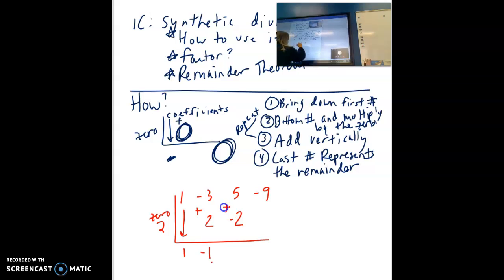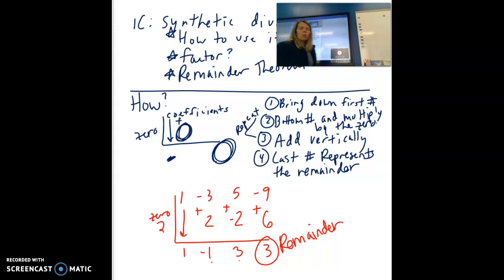And then I add vertically, so 5 plus negative 2 is 3. Then I take 3 and I multiply it by 2, which is 6. And then I add vertically, so negative 9 plus 6 is 3, which means this is my last number and that is my remainder. Okay, now we'll talk about why that's important later.